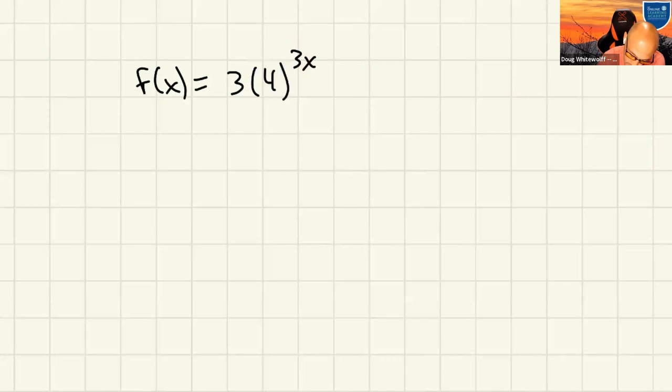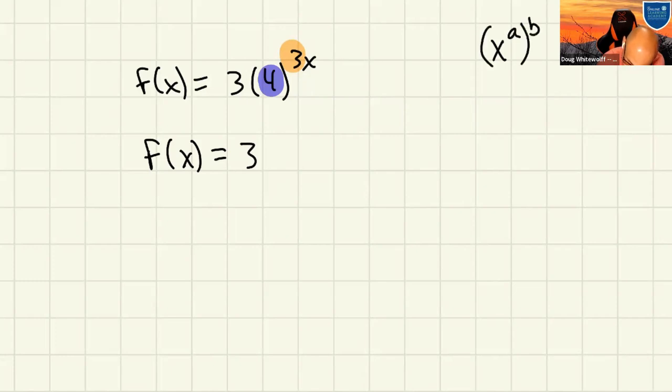Here we have this 4 and this 3 up here, and that's kind of where the change is going to occur. One of our exponential rules says, if we have x to the a to the b power, we can rewrite that as x to the a times b. We often talk about going that way, but this time we're going the other way.